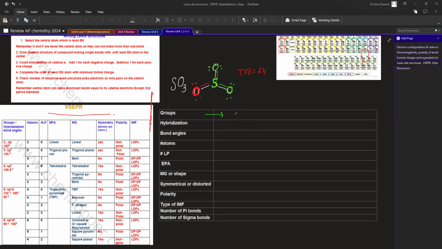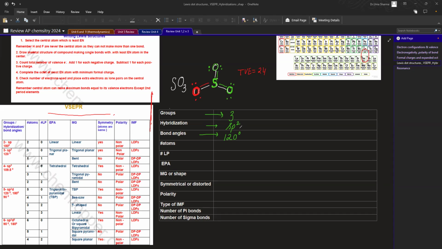Ariba? Yes, it is 3. Good. What's the hybridization? Try to be first. Yes, very good. sp2. Now I have given you the list. Check the list. What is the bond angle for the sp2? Yes, 120 degrees.